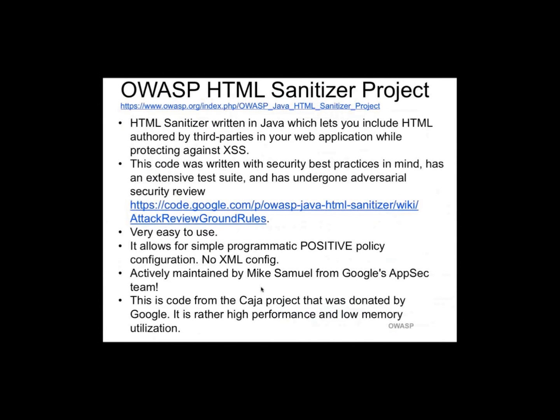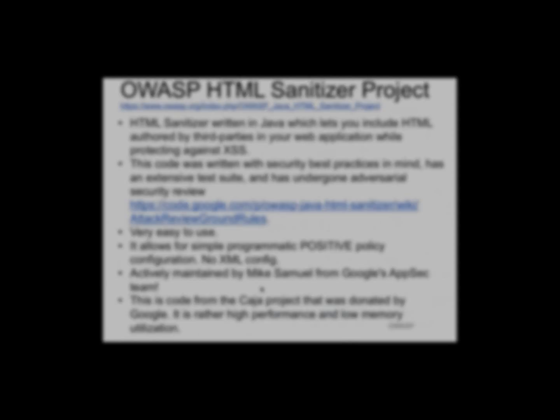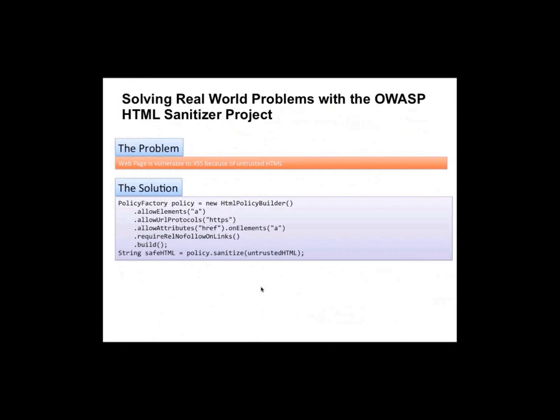This is a Java project, and when your web application receives this HTML from TinyMCE or other similar widgets, the OWASP Sanitizer, which is written by the experts at Google, will take that untrusted HTML and convert it to something that's very safe. And what you're able to do is you build a policy.